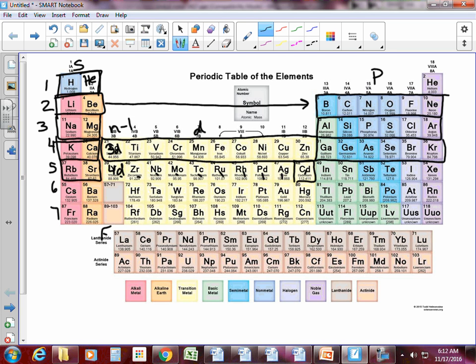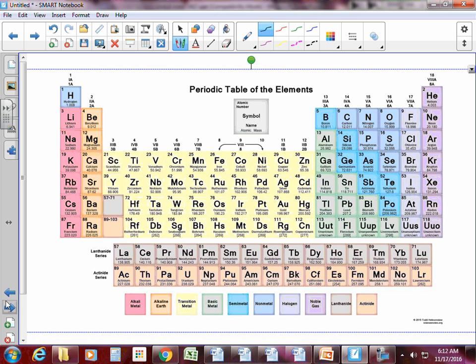Now that also gets really long, so what can we do to make it easier? There's this thing called the noble gas configuration. Our noble gases are group 8, so they are over here. These are all of our noble gases. Let's say we want to write out nitrogen. You go to the noble gas that is in front of it. Since nitrogen is 7, that is going to be helium.